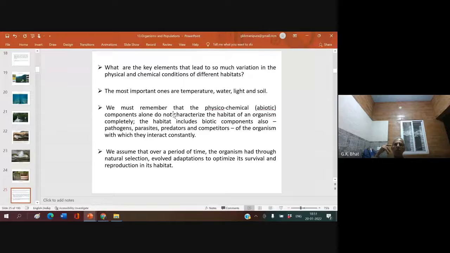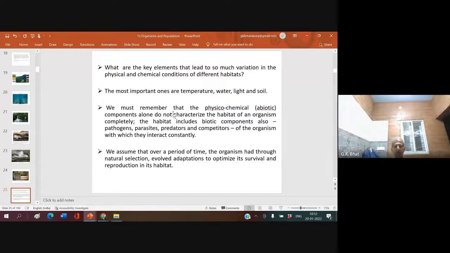We make certain changes. These modifications, whatever we make to live successfully, are nothing but adaptations. So, natural selection is a way of living. Because of successful living, without our knowledge, we may start doing one or the other thing, and these got evolved as adaptations to optimize survival and reproduction in its habitat.